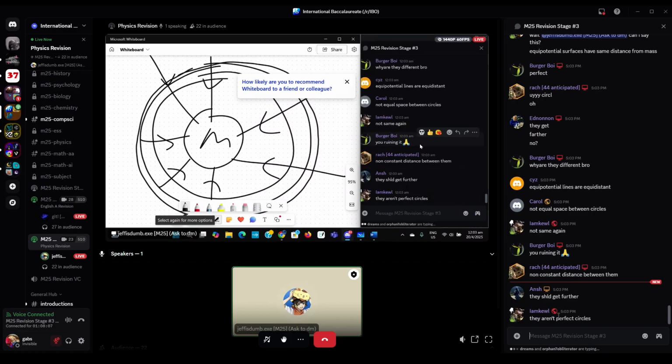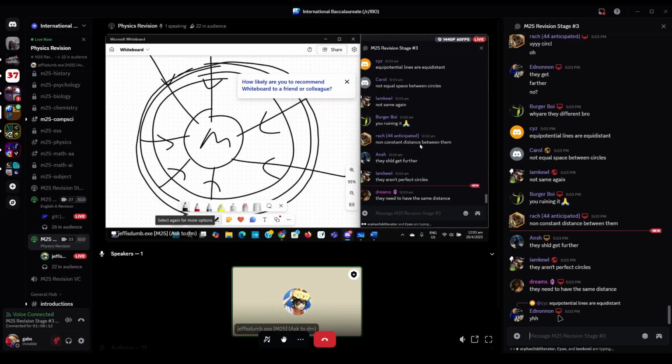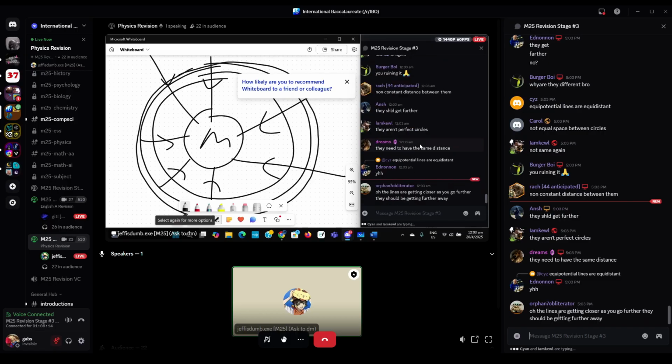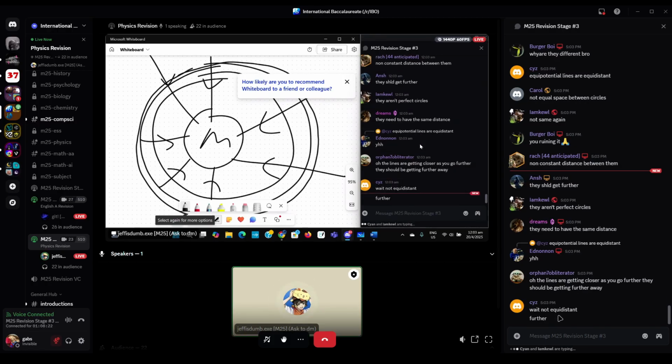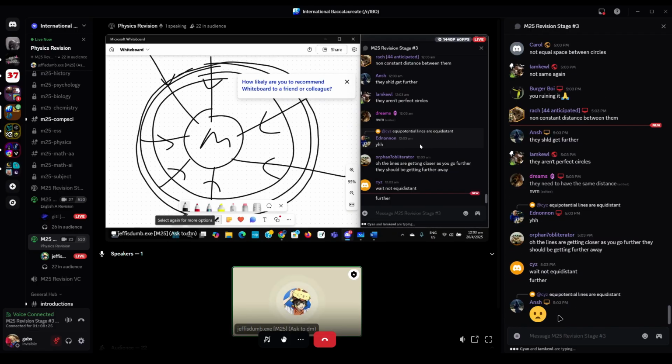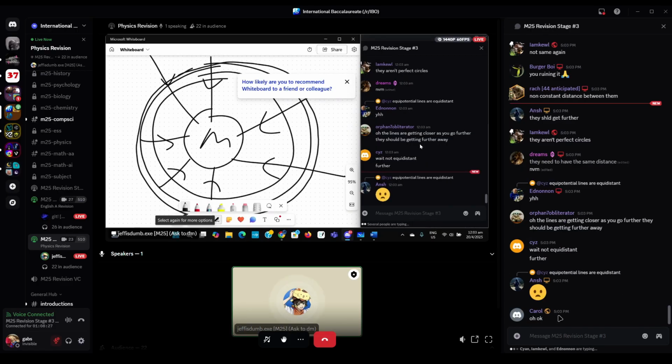Good catch about the distance between equipotential surfaces. That is correct. But then they shouldn't be equidistant. They should get further and further apart because the gravitational potential becomes less and less as you move further and further away from the planet.